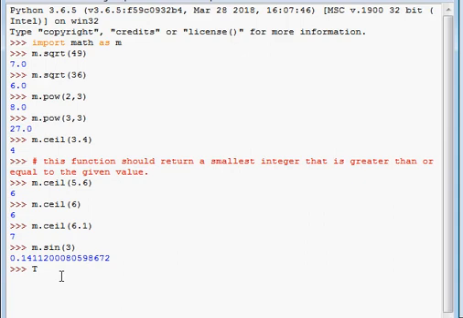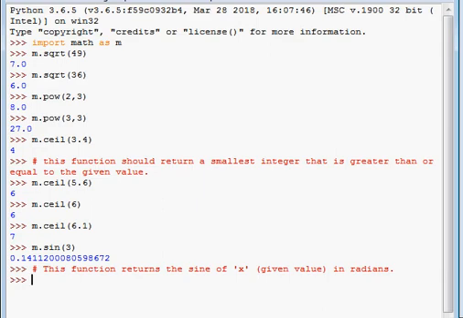This function returns the sine of x, for example, if I say x is the given value, it is giving sine of the given value in radians.